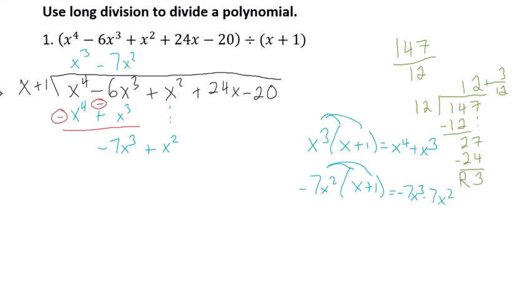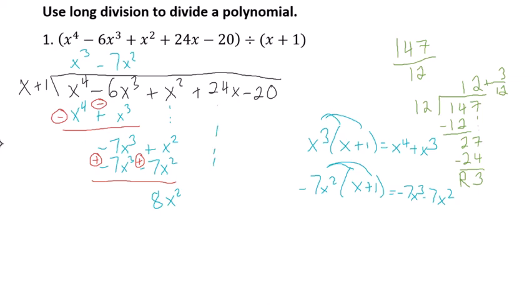And so write that down, negative 7x cubed minus 7x squared, and then subtract that. So this negative becomes positive because when you subtract a negative, you get positive. First terms cancel out. x squared plus 7x squared gives you 8x squared.